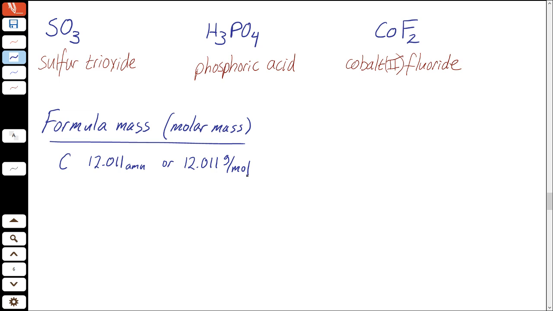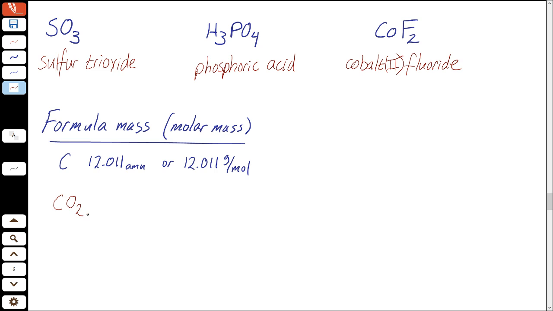So that same number can mean two different things. We can use it for two different calculations. That's where the whole idea of the mole comes from. What if we extend that idea to a compound? How do we calculate a formula mass of CO2?